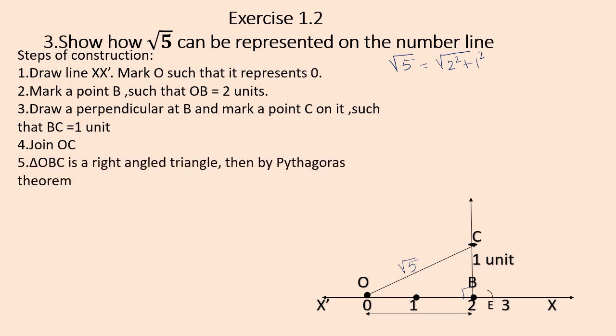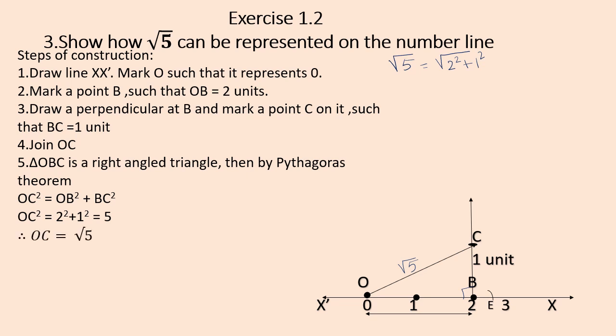Join OC. Now in triangle OBC, it is a right angle triangle. Then by Pythagoras theorem, OC square equal to OB square plus BC square. That is OC square equal to 2 square plus 1 square, that is equal to 5.